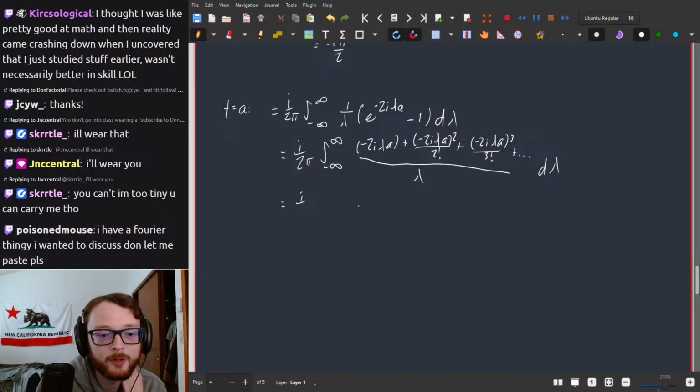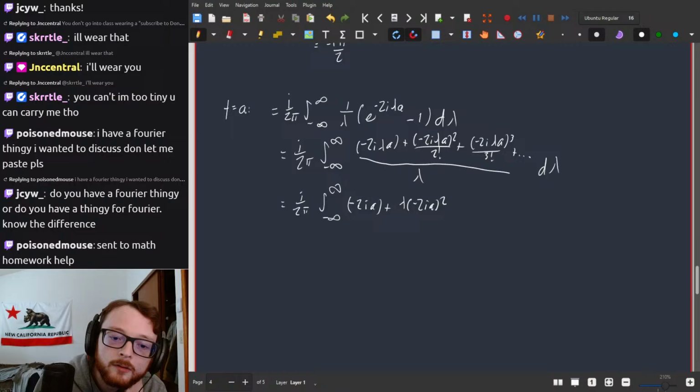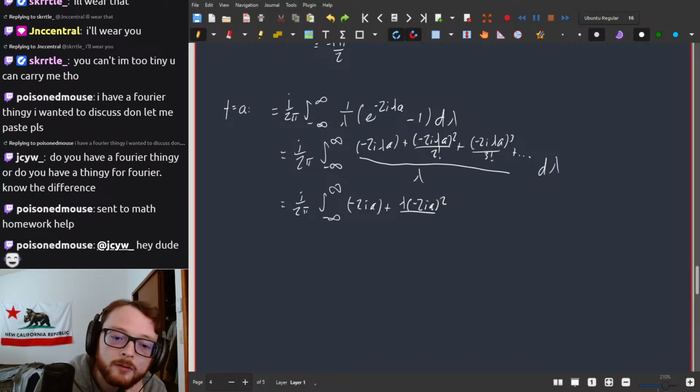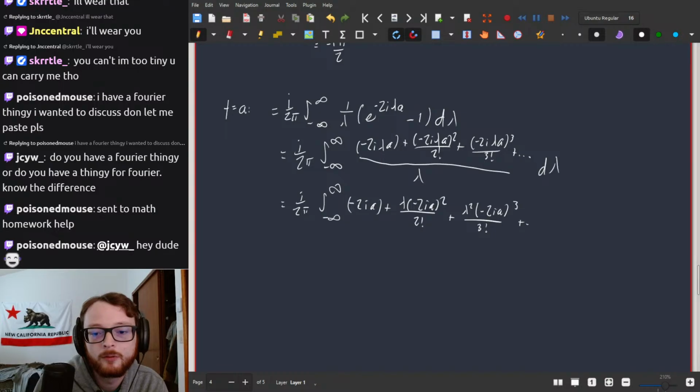What happens to all these things when you integrate them? Can we make a claim that only some terms of this series survive after the integration?